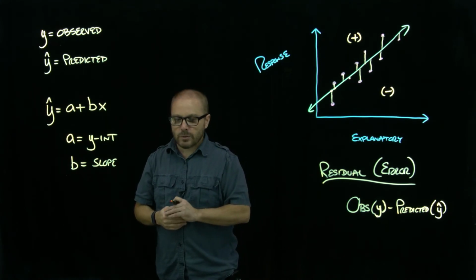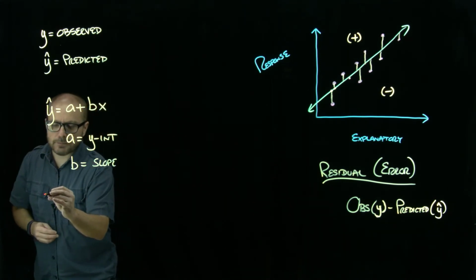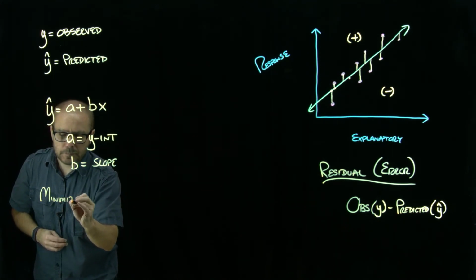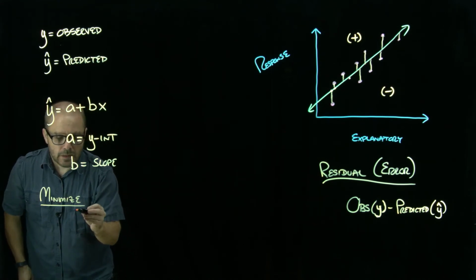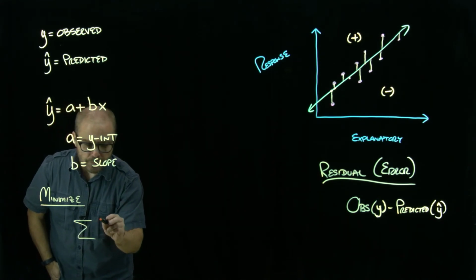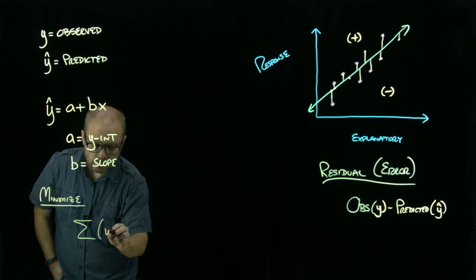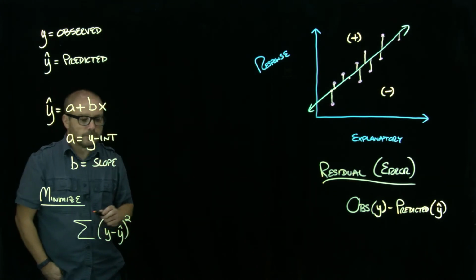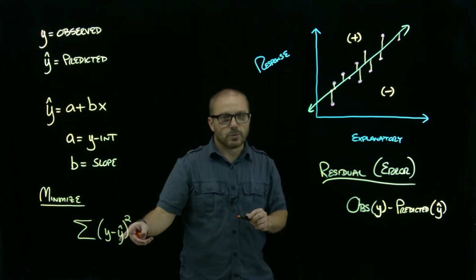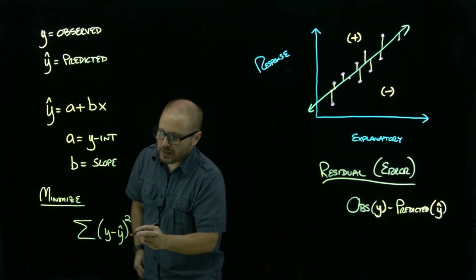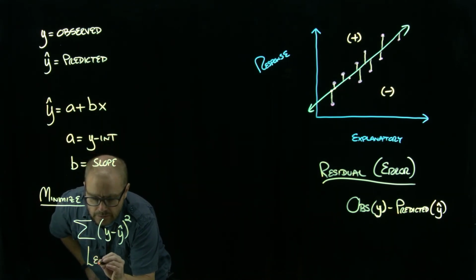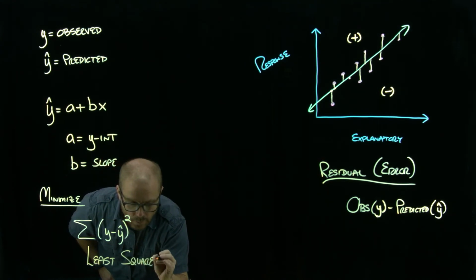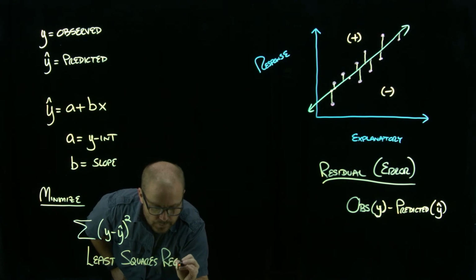So this line is trying to minimize the sum of the squared residuals. Because of that, this is sometimes called the least squares line, or least squares regression line.